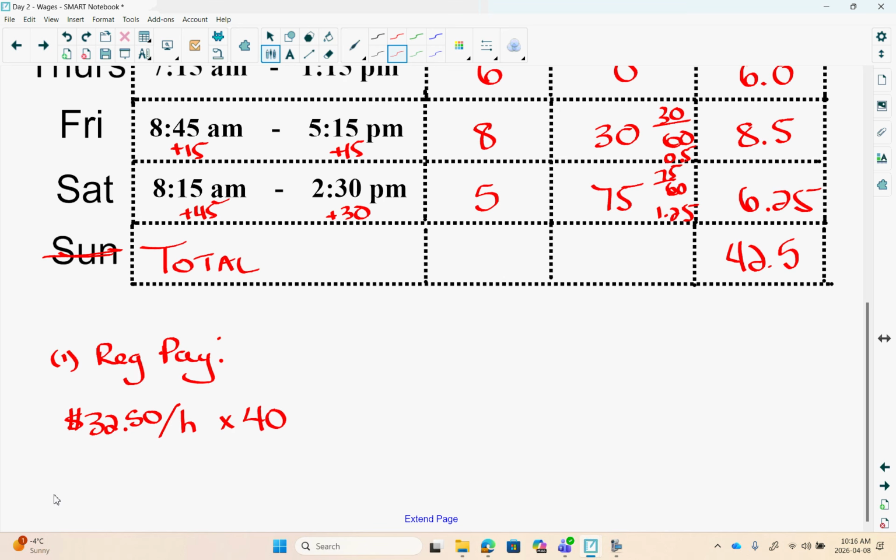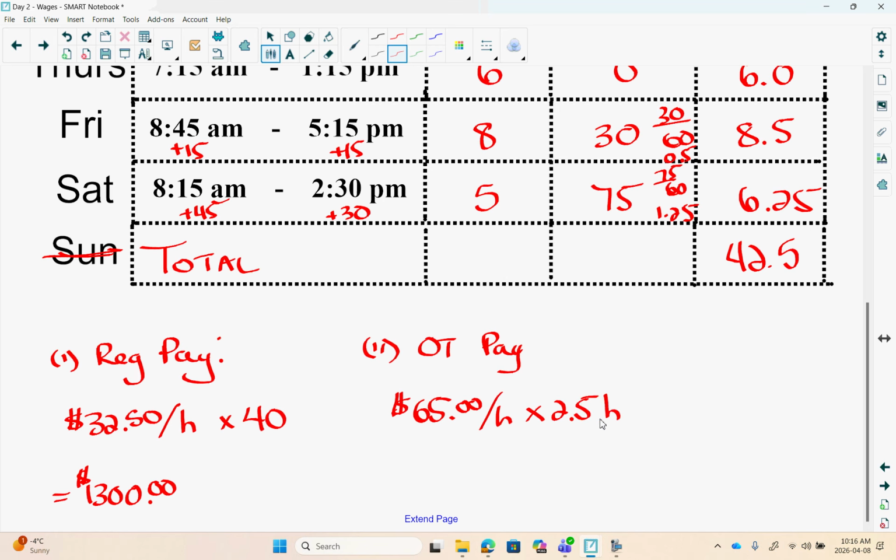That gives me $1,300. Step 2 is the overtime pay. Here I'm going to use the $65 double time rate per hour, and I'm only multiplying it by 2.5 hours. 65 times 2.5, 162.50.